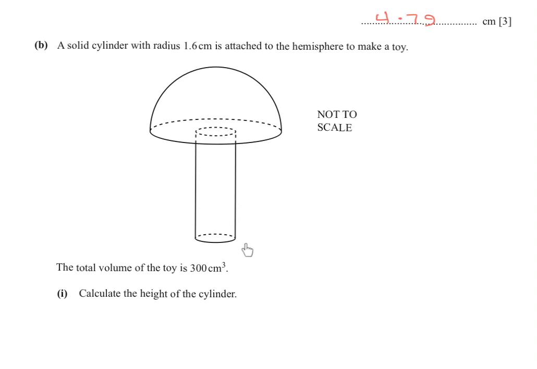We need to find the height. The total volume for the toy is 300. Now you can deduce the volume of the cylinder: 300 minus 230 equals 70 centimeters cubed.